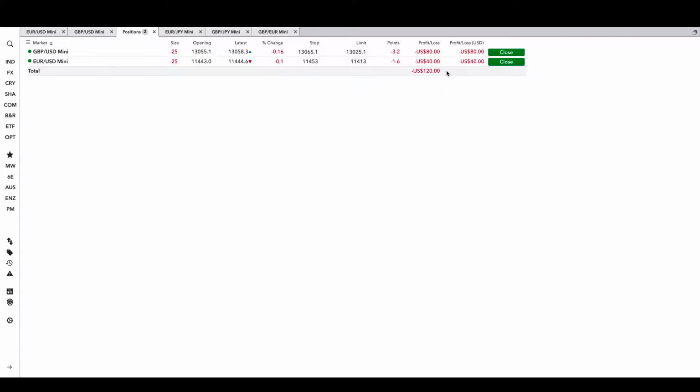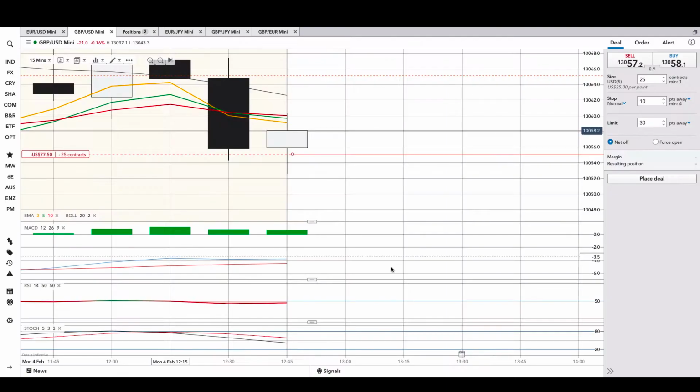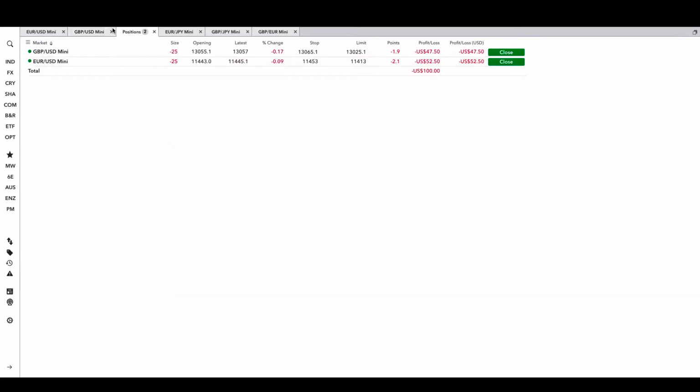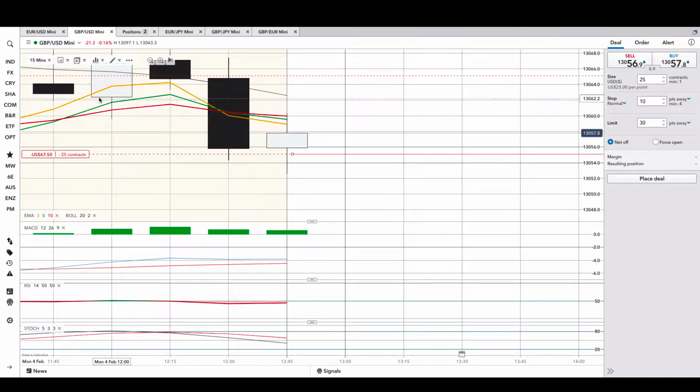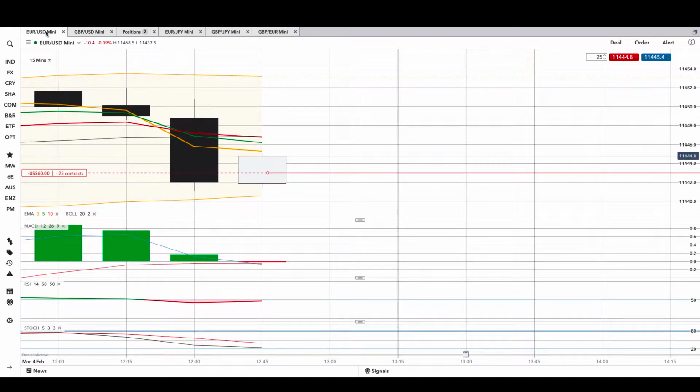All right, and the margin for 25 contracts in 2 trades will be about, if I'm not mistaken, $2,700. All right. So as you can see now, the market is preparing for the opening. So they are trying to get the best price before the market opens.